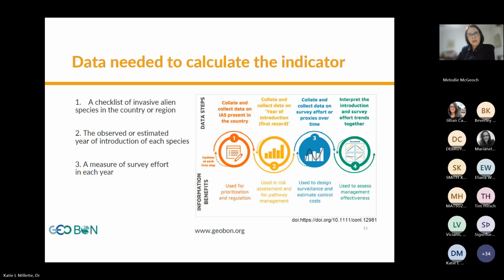And as part of the rationale for encouraging the collection of these data, it is very clear that there are many information benefits from these data, not only simply the ability to produce an indicator.